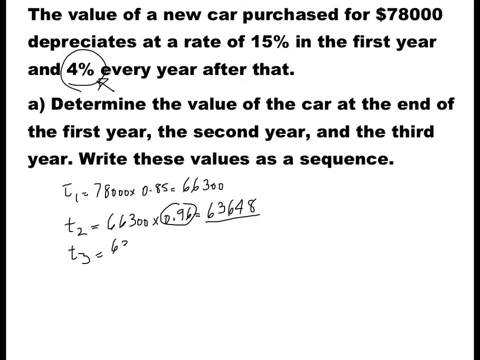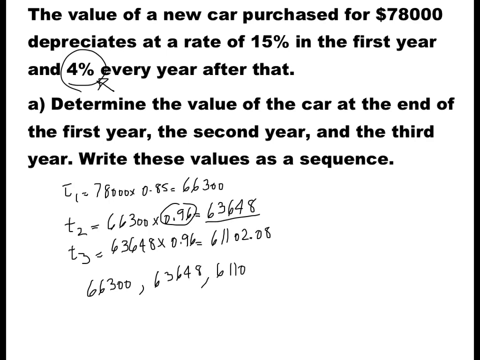So it's going to be 63,648 times 0.96, which is 61,102.08. This means that the sequence is 66,300, 63,648, 61,102.08.